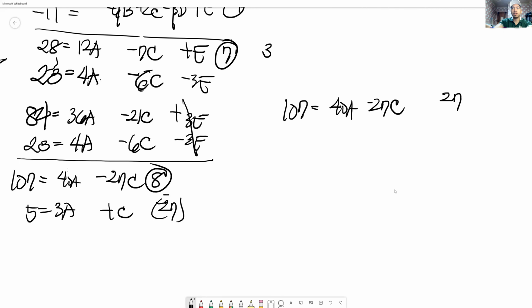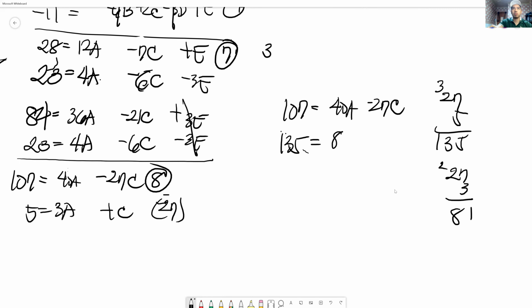So 27 times 5 is 135. It's equal to 27 times 3, carry 281. And then C would be plus 27C.